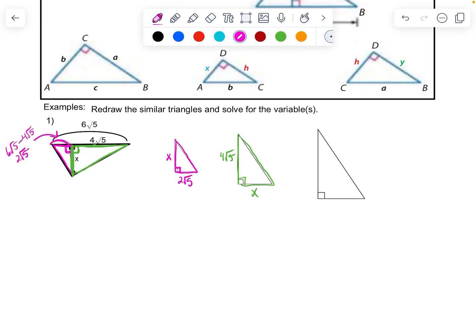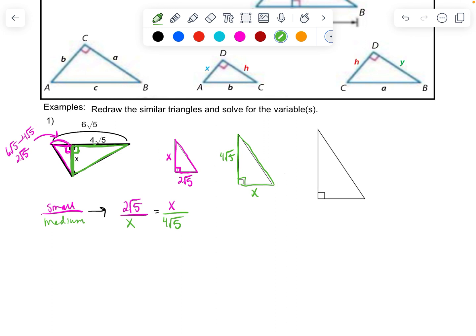So I'm going to do the small triangle over the medium triangle when setting up my proportion: short leg 2 root 5 over the short leg x, and then the long leg on the small triangle over the long leg on the medium.